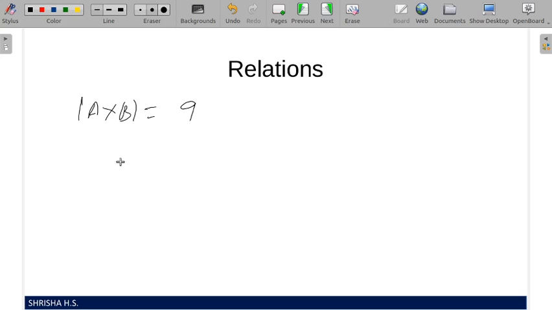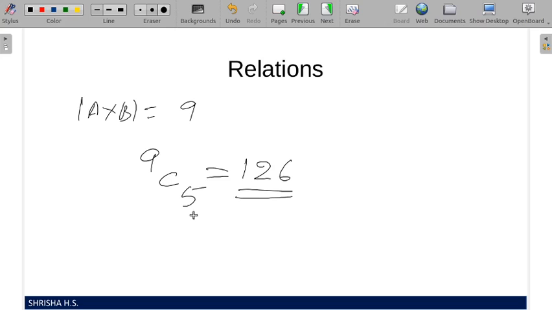So out of 9, every time you choose 5 of them. There are 126 such combinations possible. Out of 512, there are 126 relations in which there are 5 ordered pairs. Every time, out of 9 ordered pairs, for a relation you have to pick 5 of them.